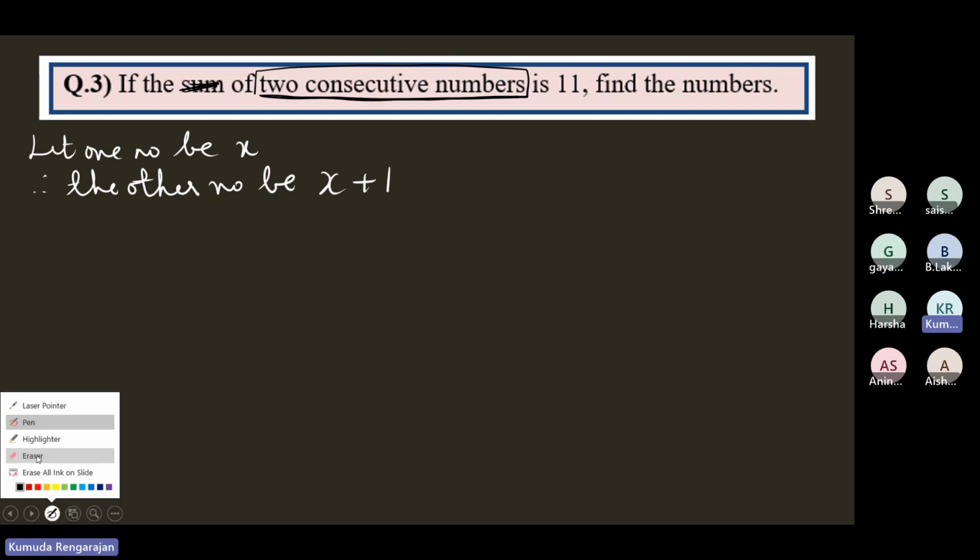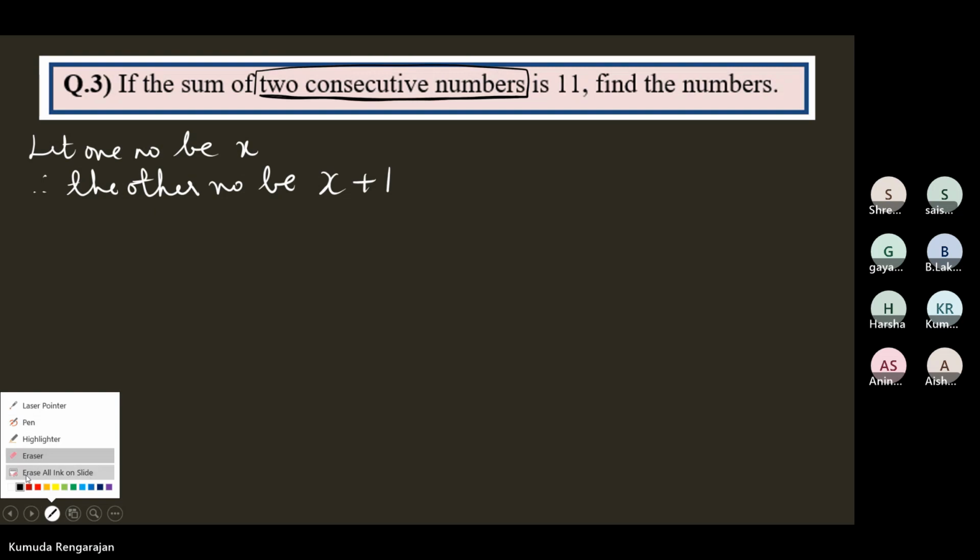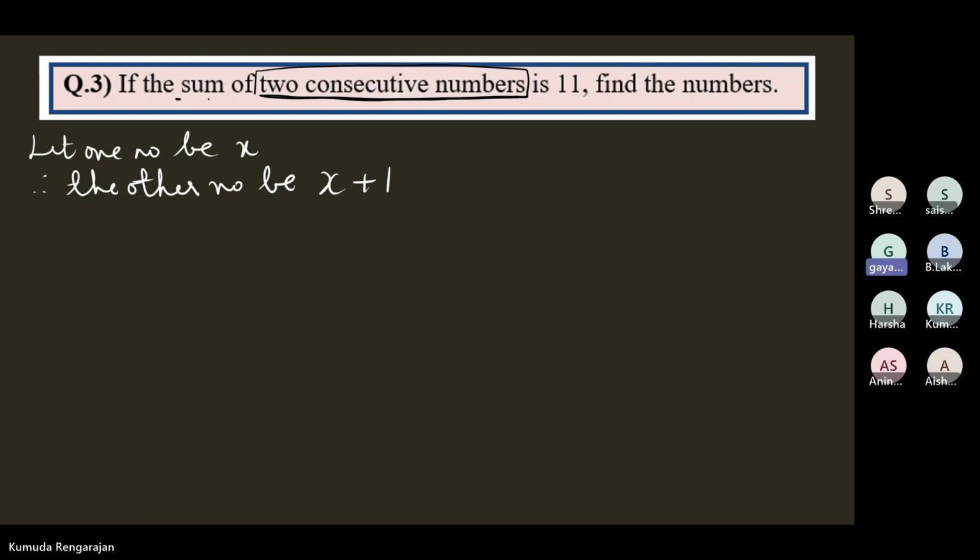Now, what is the information remaining in the question? Sum of 2 consecutive numbers. Yeah, the sum is 11. That is the remaining information. Yes, Gayatri. X plus x plus 1 is equal to 11, ma'am.